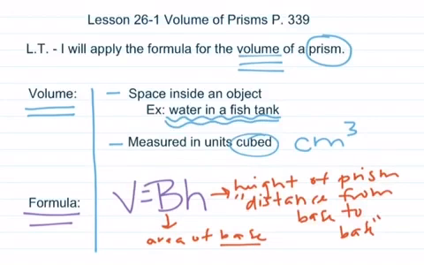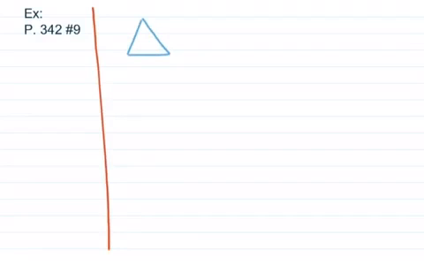Remember, what's going to change is whatever shape your base is. So let's do an example together. Like I said, in the notes we are showing you how to apply the formula. We'll go over more conceptual pieces in class, as far as why the formula is what it is.